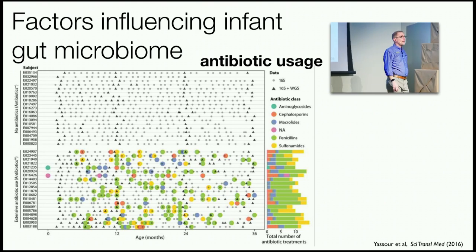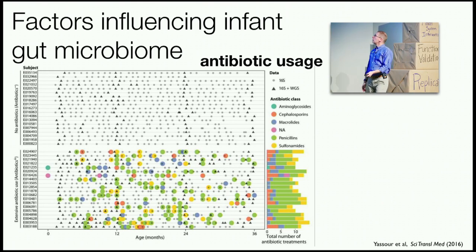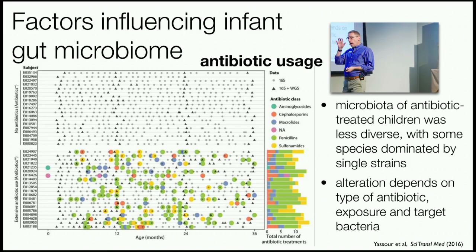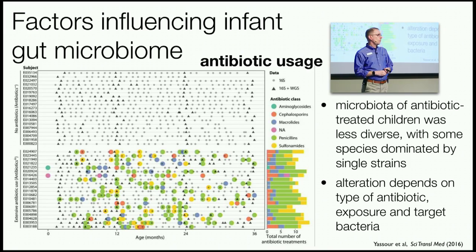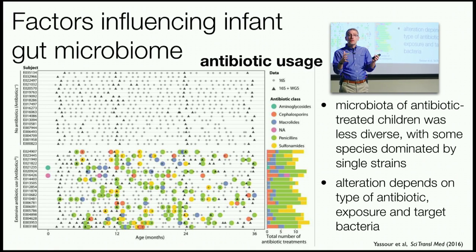So what's the impact of that? The microbiota of antibiotic-treated children was less diverse. There were fewer different types of bacteria, fewer species within any one subgroup of bacteria.